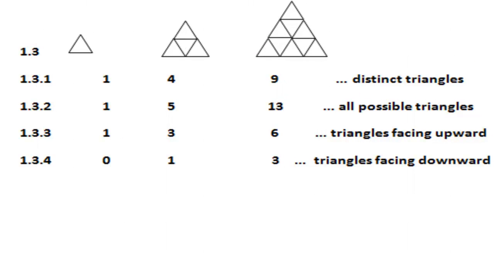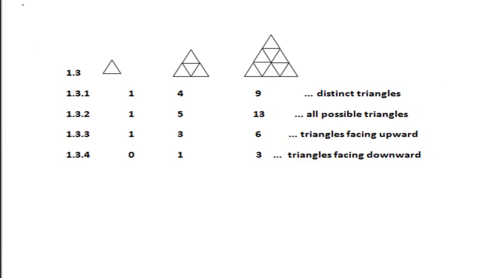This is C1.3. This is basically the one on patterns, non-standard sequences, special sequences, etc. So if you look at 1.3.1, you are now given that we've got one distinct triangle for the first figure, second figure, 4, and so on.